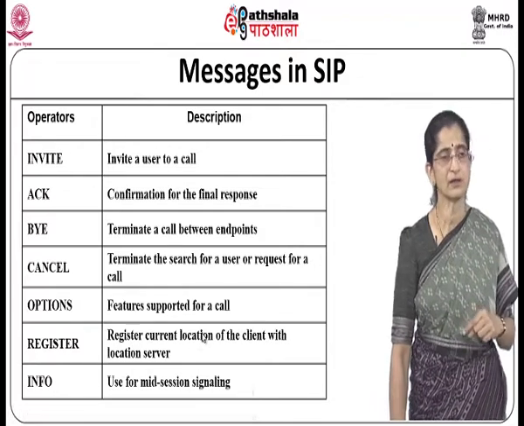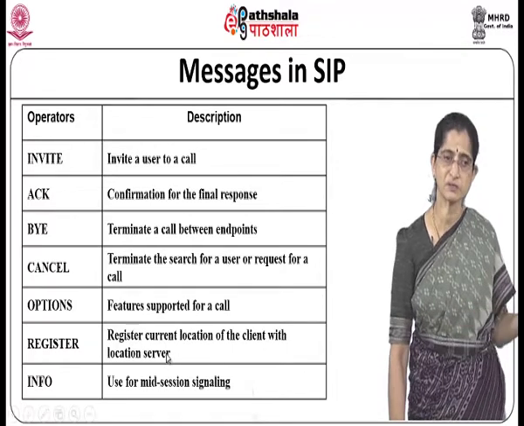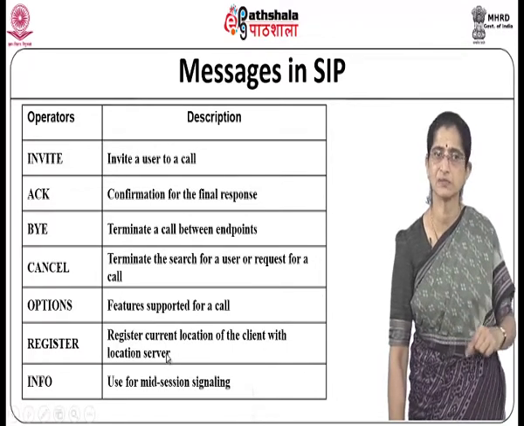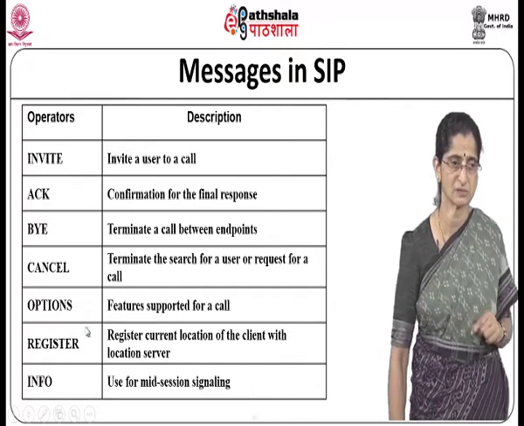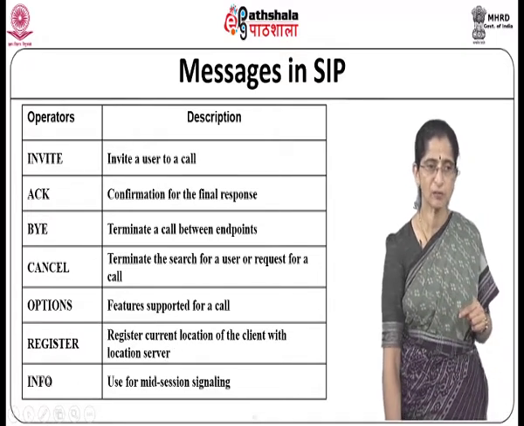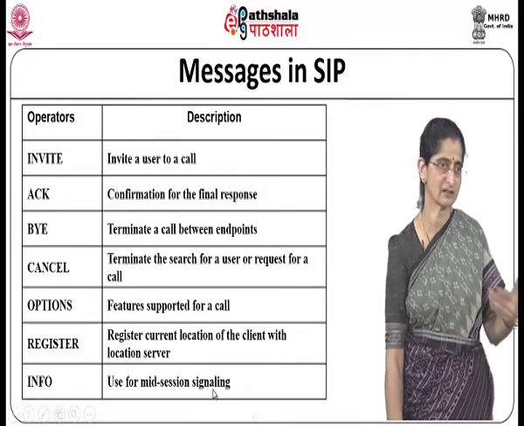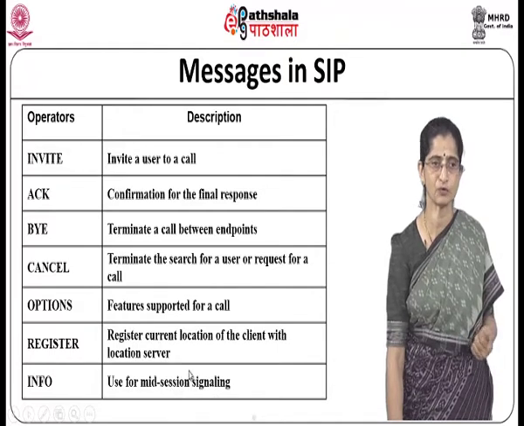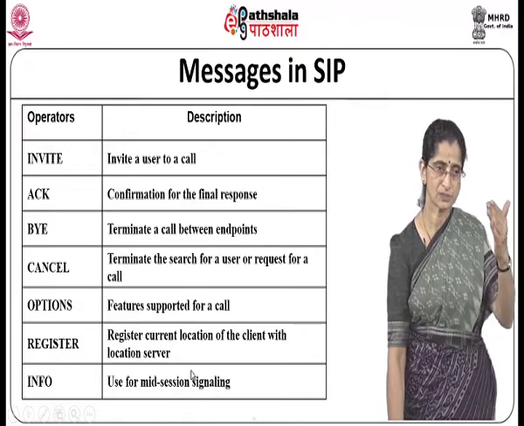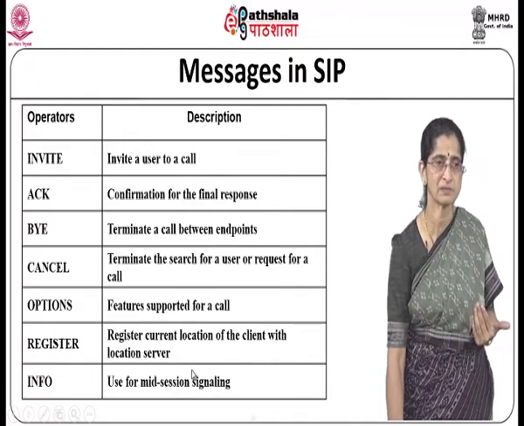How will the location server know that information? The user will have to register himself or herself with that particular location server, and for that we have the REGISTER message. And then there is an INFO message, which is used for mid-session signaling, when some information needs to be passed on in the midst of a session. So these are the different messages that we have in SIP.